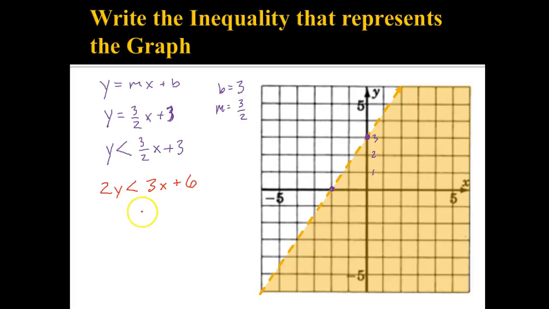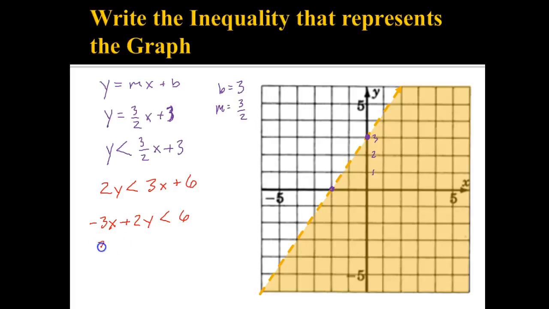You're going to see there's lots of fine representations. I could subtract 3x from both sides, so I get negative 3x plus 2y is less than 6. But if I like to have my x be positive and, if something has to be negative, I want it to be the y, I could subtract the 2y from both sides. So I have 3x minus 2y plus 6, and then subtract the 6 from both sides.